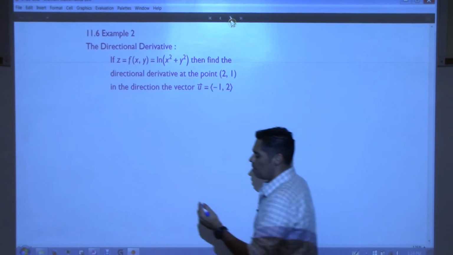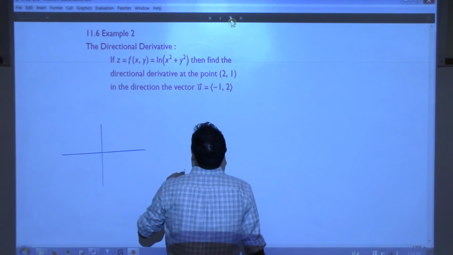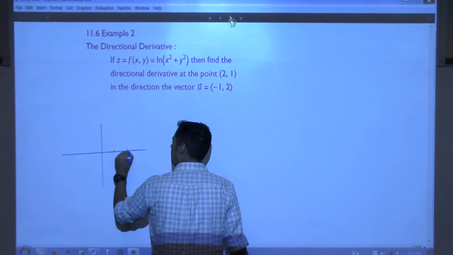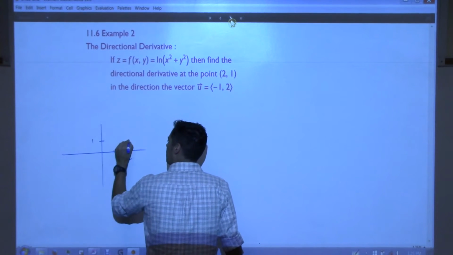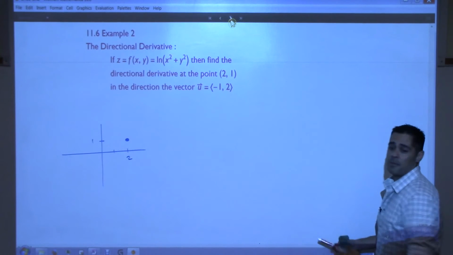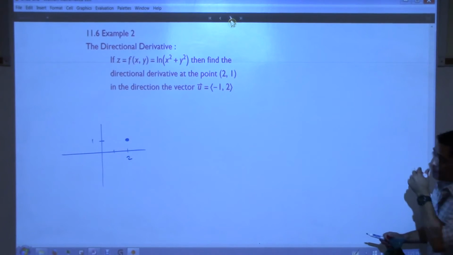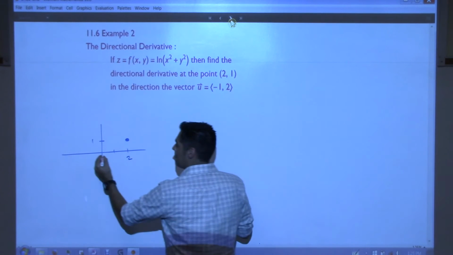So I'm going to go back. I'm going to draw the domain again. The point that I'm at is (2, 1). The direction vector, which is completely separate from the point, has nothing to do with the point, is the vector (-1, 2).